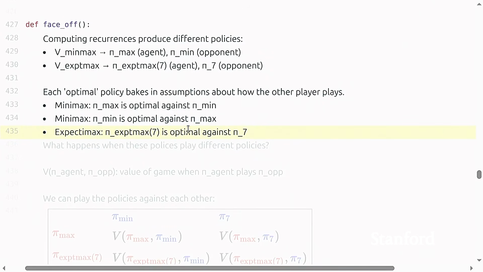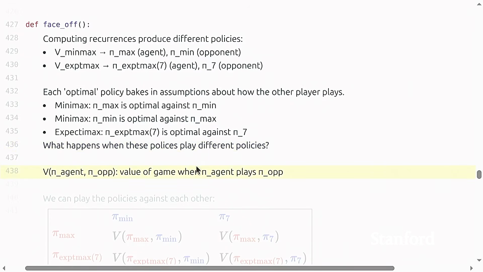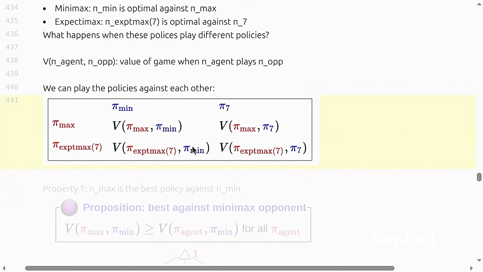And what happens when we play these policies against different policies? So I'm going to use the notation V of a particular agent policy and a particular fixed opponent policy to be the value of a game when pi agent plays pi op. Okay? And we can play the policies against each other.